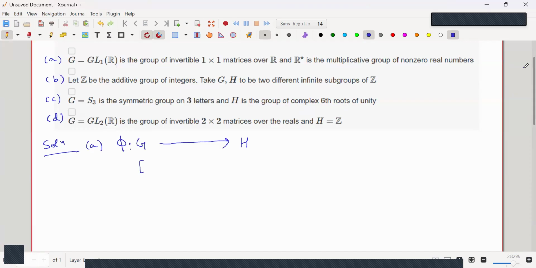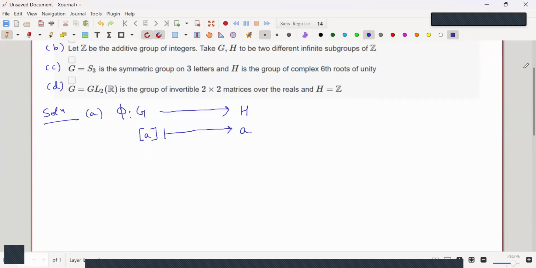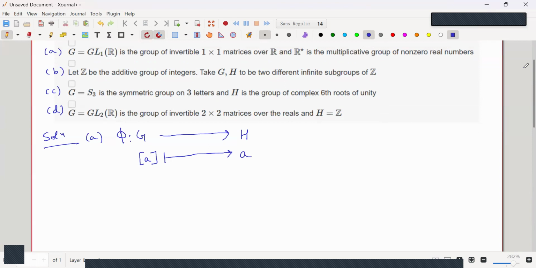It's a 1 cross 1 matrix, so there will be just a single entry and you will map it to just A. And that's it. So phi is an isomorphism and hence these groups are isomorphic.